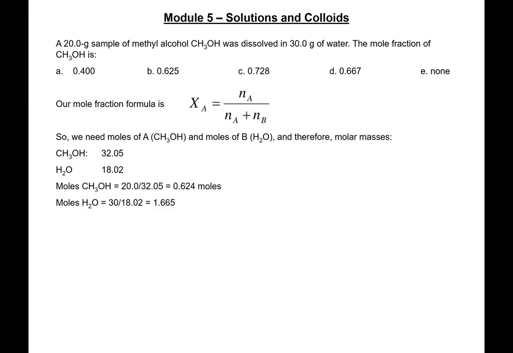For methanol, that would be 20 grams divided by 32.05 grams per mole. I get 0.624 moles. And we do the same for water. We get 1.665 moles. So the fraction of methanol on a mole basis would be 0.624 divided by the sum of 0.624 plus 1.665.